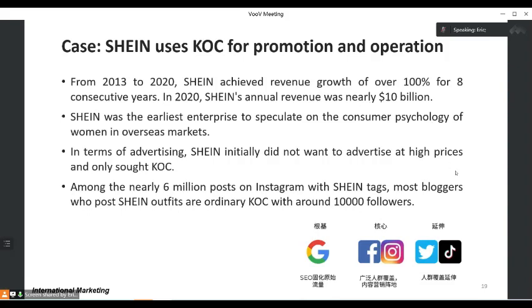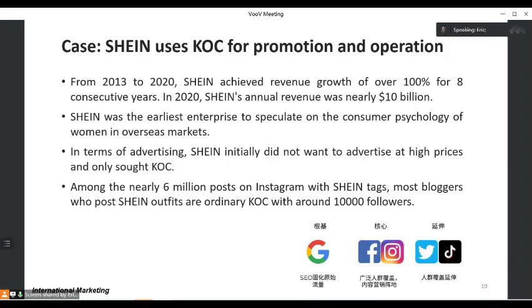It's impossible, very good. We knew that Shein is more popular in the young generation, especially in the USA. So we should know why Shein can grow so quickly in such a short time.